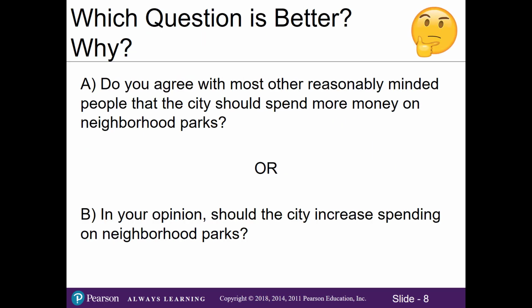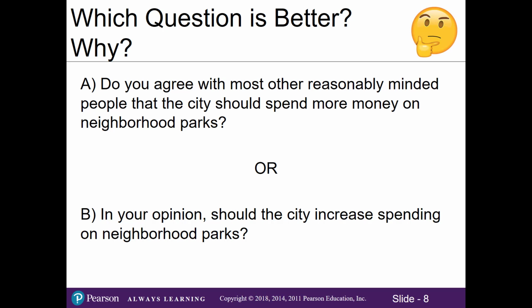So let's look at some questions. For instance, question A, do you agree with most other reasonably minded people that the city should spend more money on neighborhood parks? Or B, in your opinion, should the city increase spending on neighborhood parks? Which question is better? If you chose B, that's the right answer.